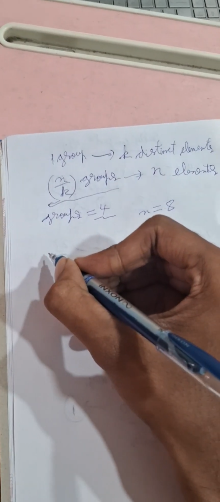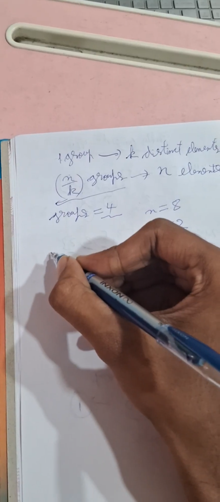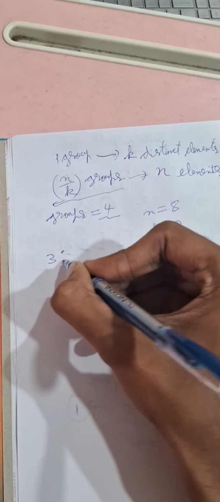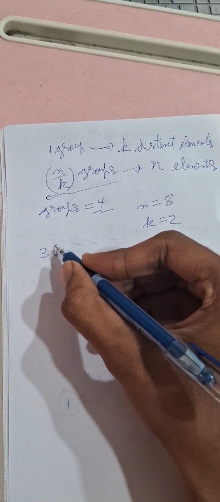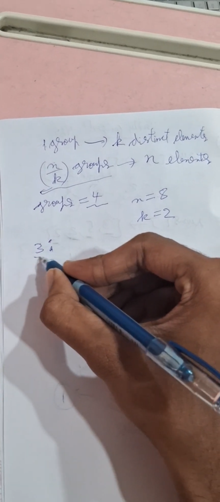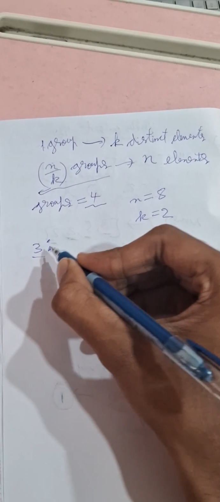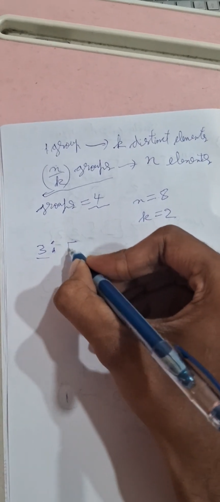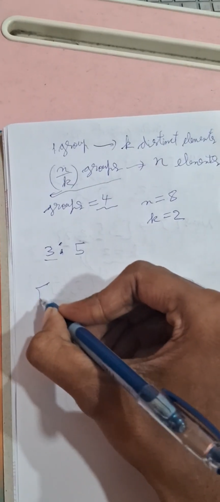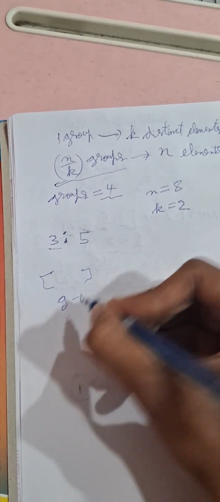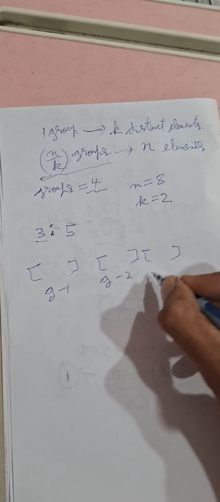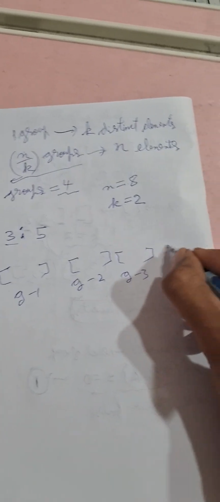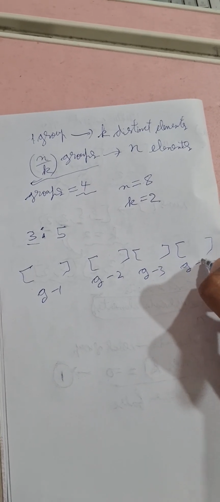So let me have an element in the array called 3. Let us suppose the number of times 3 occurs inside the array is 5. Now let me draw the groups like this. Group 3 and group 4.